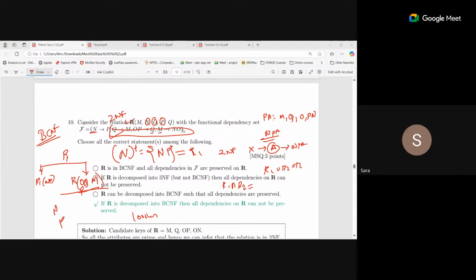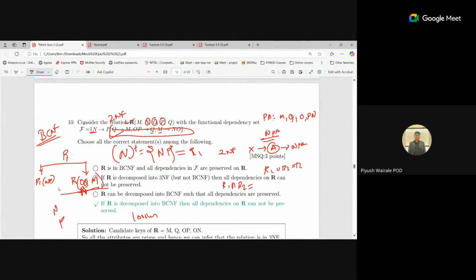N should come. So P should not come there. Instead of P, N should be there.